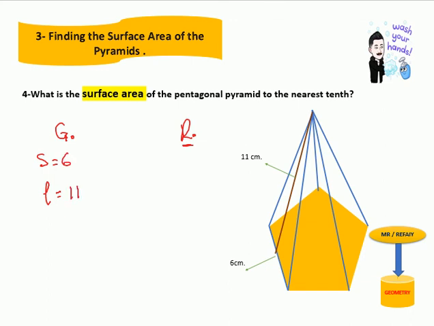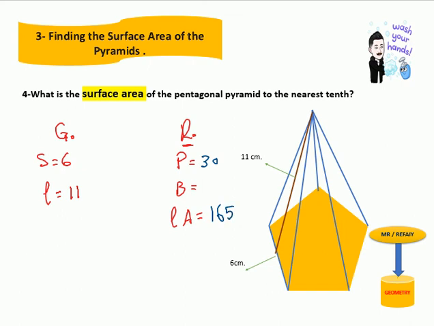The required here, perimeter, base area, and LA. The perimeter of the base, it's 30, and the base area, we have to get it. The lateral area, we got it before, it's 165.